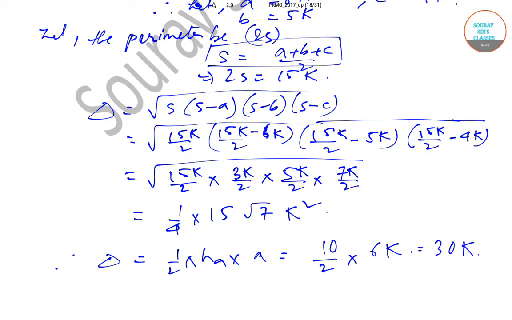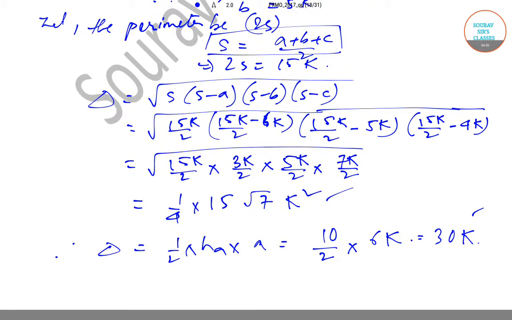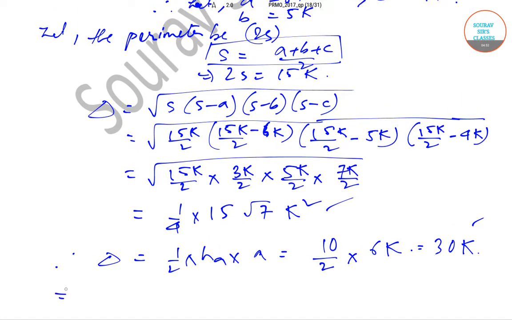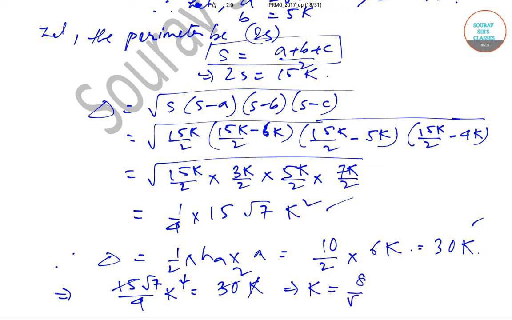So now this area and this area are equal, so we can therefore write that 15 root 7 by 4 into K square is equal to 30K. The K cancels out, and then from 15 and 30 we get 2, and then K will be equal to 8 by root 7.